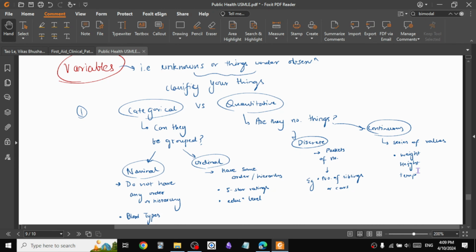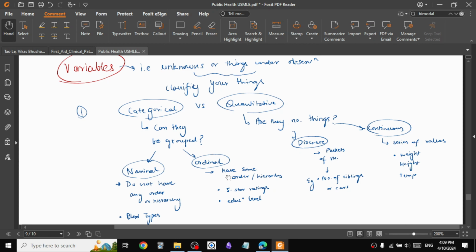Weight is measured in kgs, height in inches, feet, meters, centimeters, whatever. Temperature is Celsius, Fahrenheit, Kelvin. Most of the measured data falls into this. It can also be like 2.3344455, it just keeps on going to infinity if it needs to. So all of that data also falls in this subcategory.